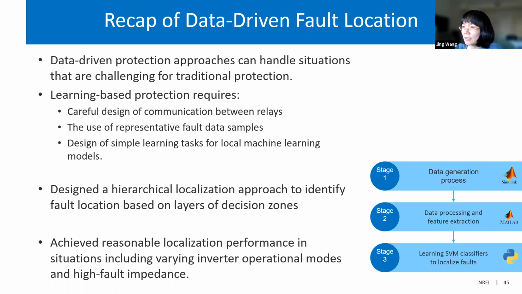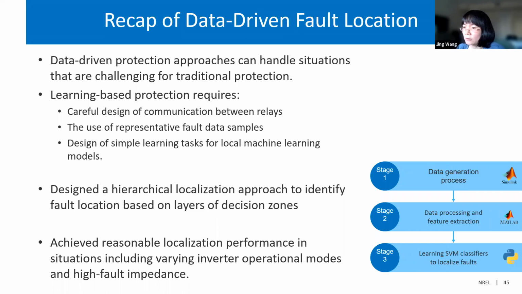Sure. So now let me recap the data-driven protection design. This data-driven protection approach can handle complicated situations, running thousands of scenarios, to solve challenges that traditional protection cannot resolve. The learning-based approach requires careful design of communication between relays, and the use of representative fault data samples is quite important.